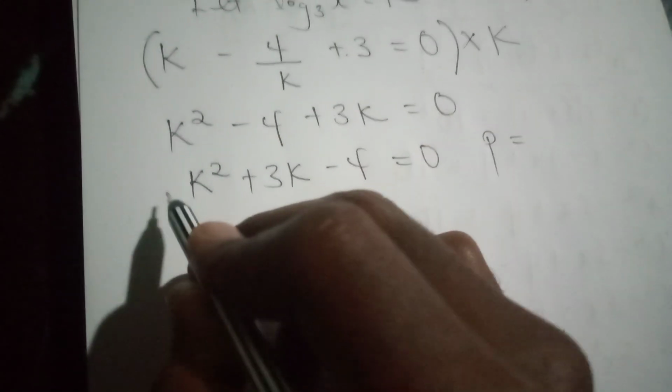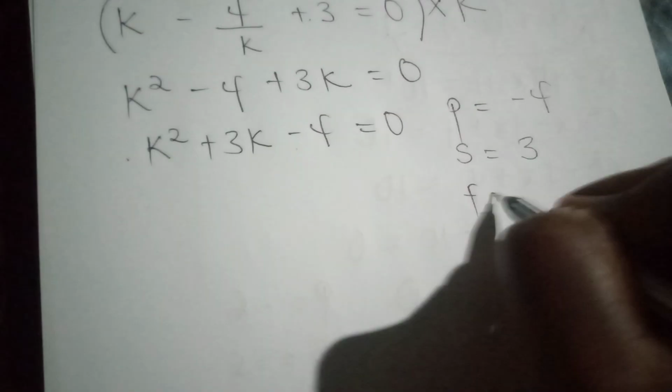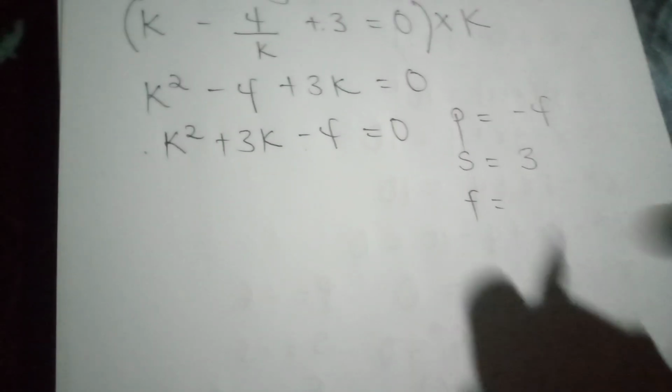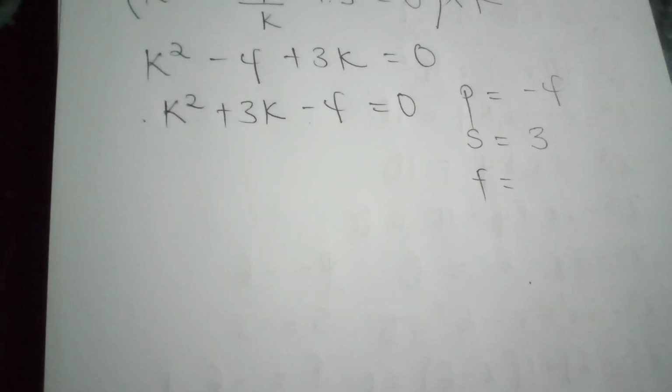Product 1 times negative 4, which is negative 4, sum positive 3, factors are numbers that when you multiply and add give those two values, that is 4 and negative 1. So that is k square plus 4k minus k minus 4 is equals to 0. Group them.